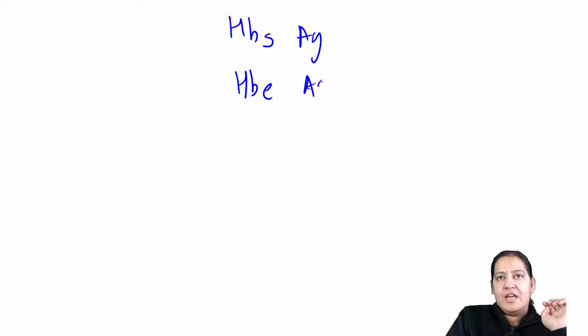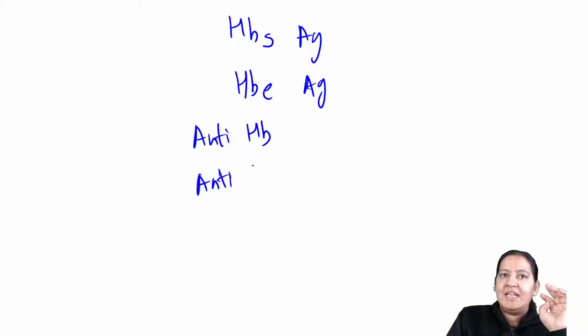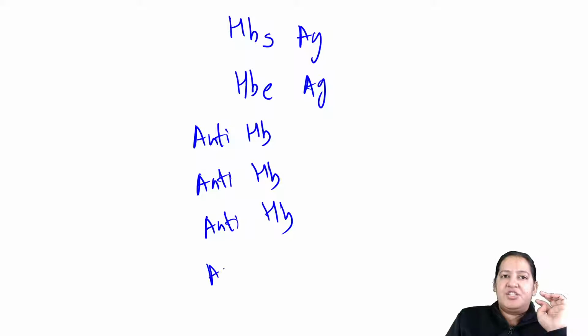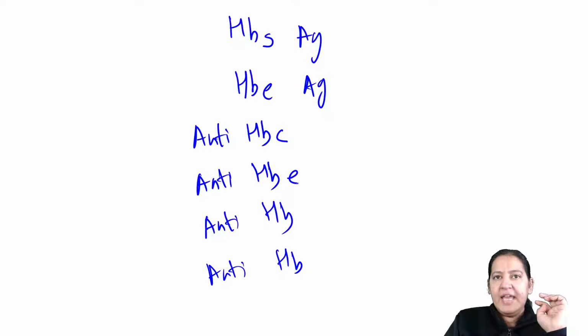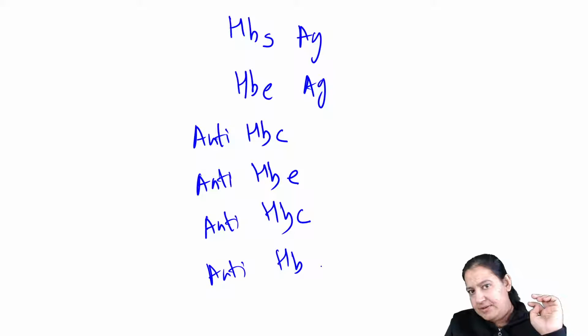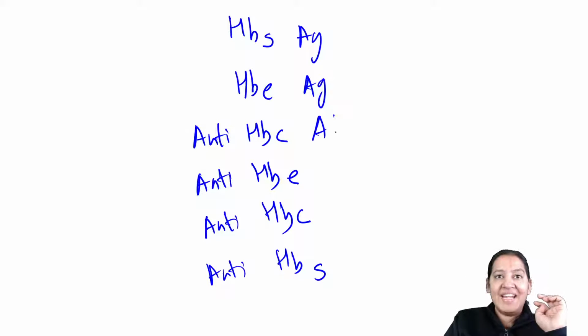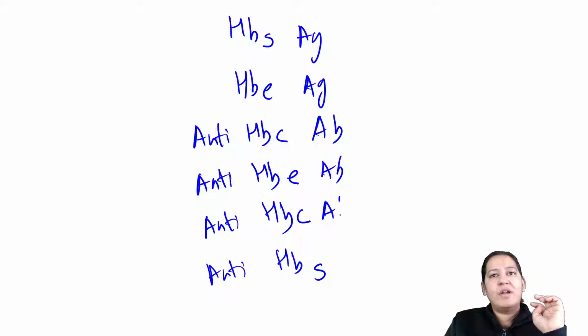And what are the four antibodies? Anti-HB, the sequence is C, E, C, S. These are the antibodies, not antigens. This is IgM and this is IgG.